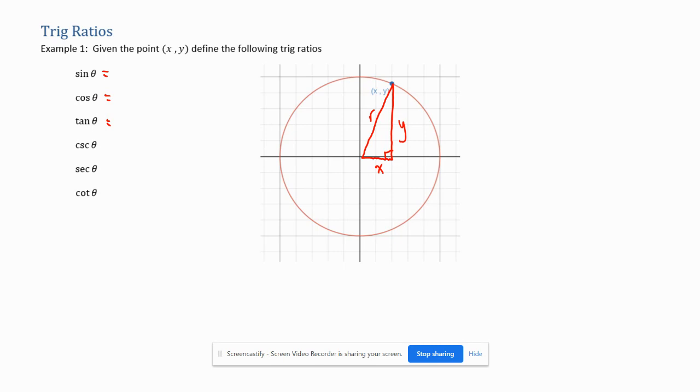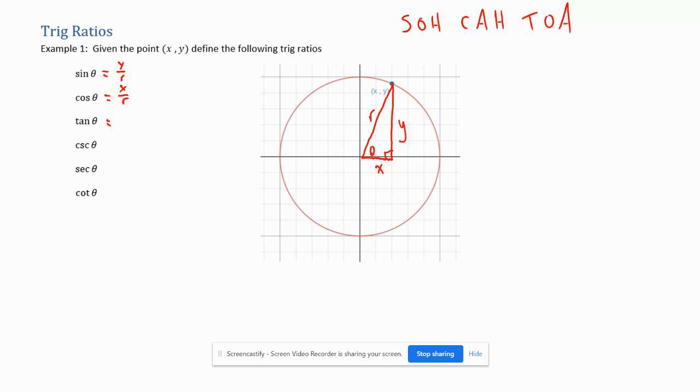The first three ratios we're going to do are just coming from your old SOHCAHTOA ratios here. So this is our angle theta in standard position. Well, sine theta is going to be opposite over hypotenuse, which in this case will be y over r. Cosine is going to be adjacent over hypotenuse, or x over r.